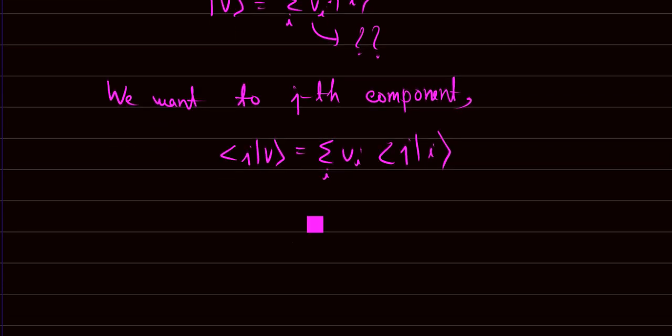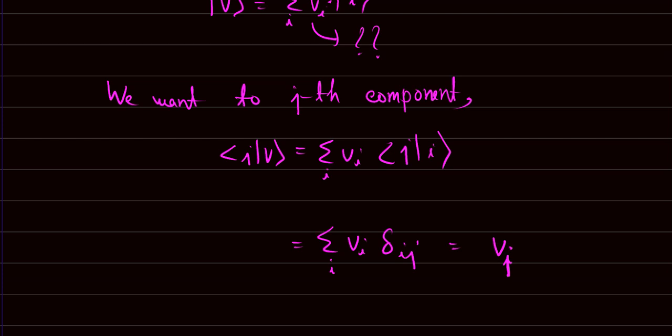And if our vector is expressed in an orthonormal basis, we know this gives us the Kronecker delta. So what will it give us? It gives us Vj. All the other i's get a 0, so we are left with Vj.